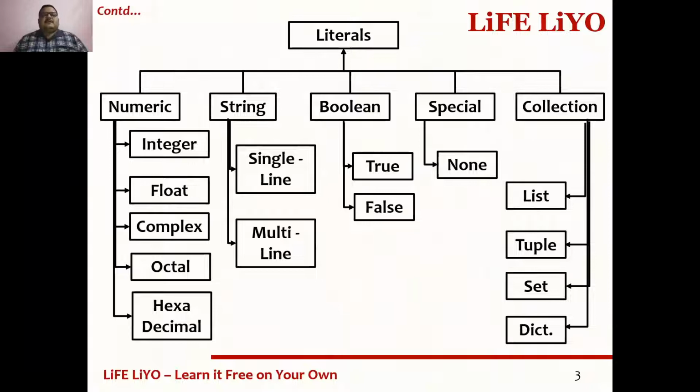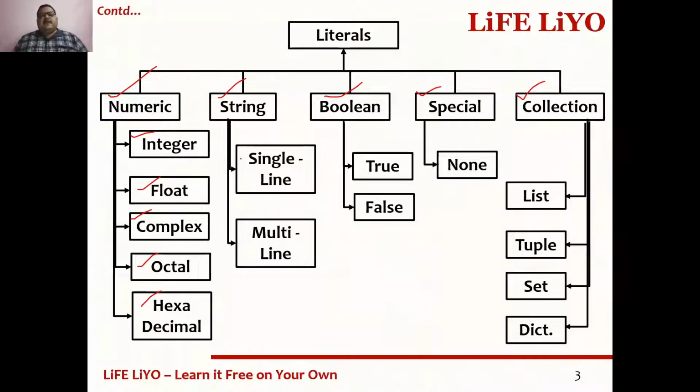So what are the different types of literals we have? We have numeric, string, Boolean, special and literal collections. These are the 5 types of literals. In numeric we have integer, float, complex, octal, hexadecimal.